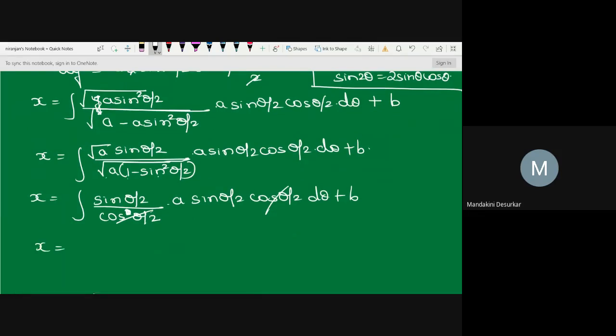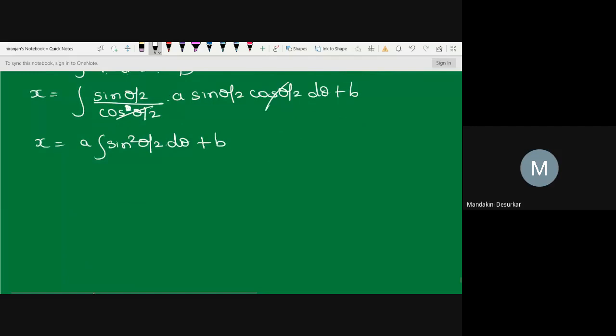I will have a taken out, sine square theta by 2 d theta plus b. Now what is the sine square theta by 2 formula? It is 1 minus cos theta divided by 2.